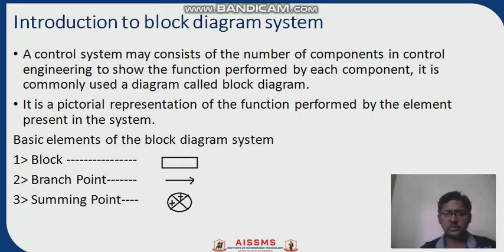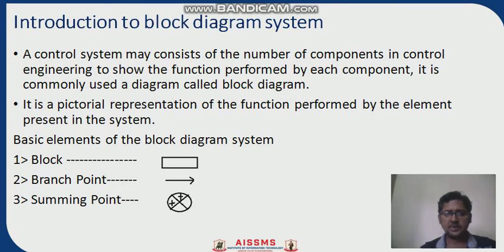A control system may consist of a number of components. In control engineering, to show the function performed by each component, a diagram called a block diagram is commonly used. It is a pictorial representation of the function performed by each element present in the system.